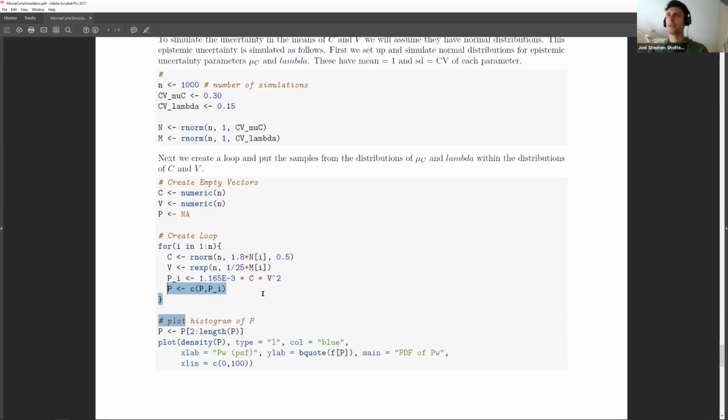So I'll end up with 1 million simulations of P. Now P contains the uncertainty not only in our drag coefficient and velocity, but also the uncertainty of those parameters. So this is the kind of double simulation here.